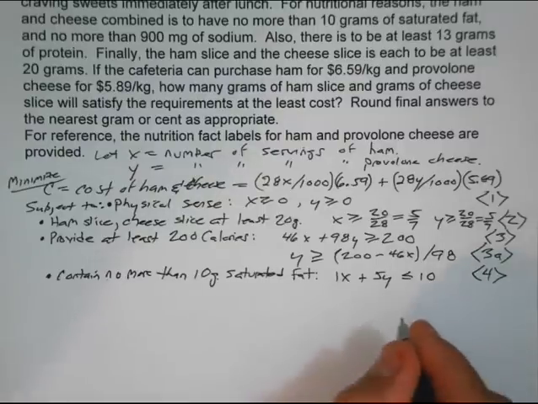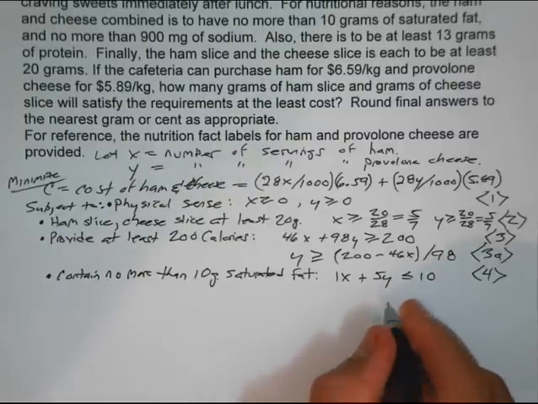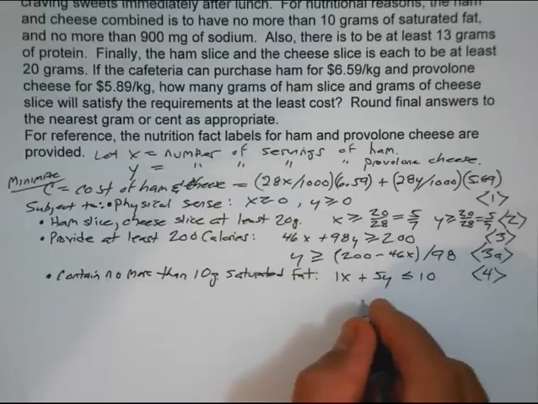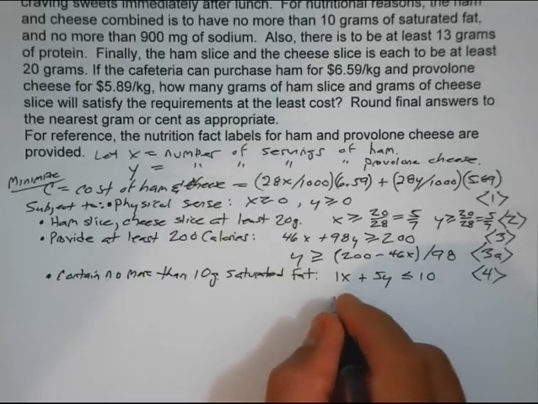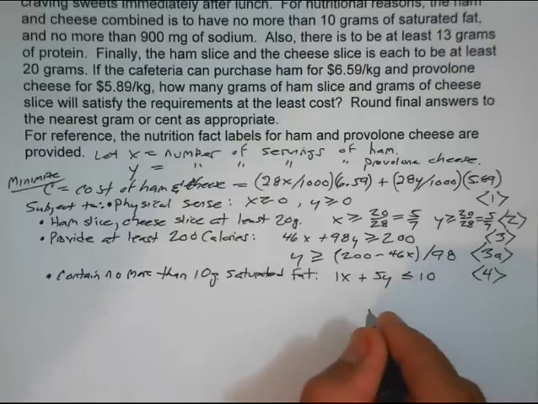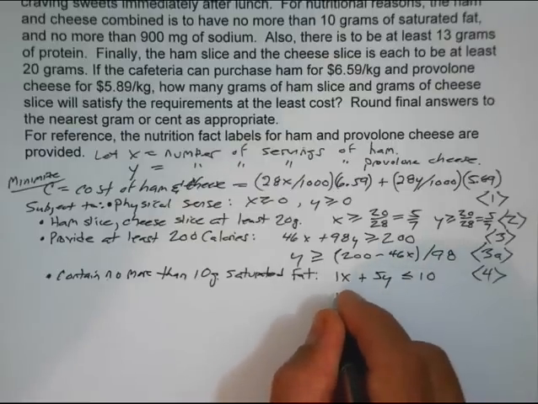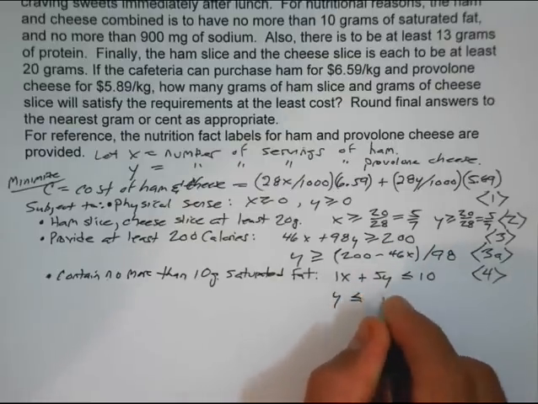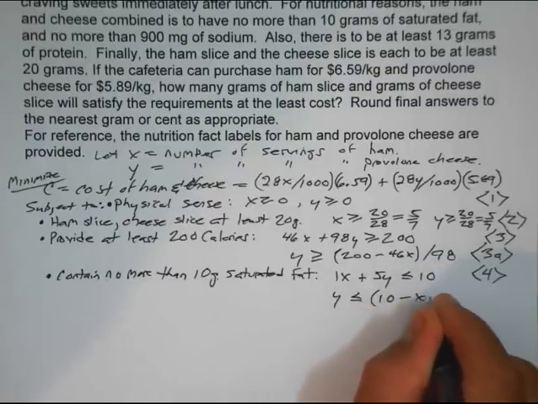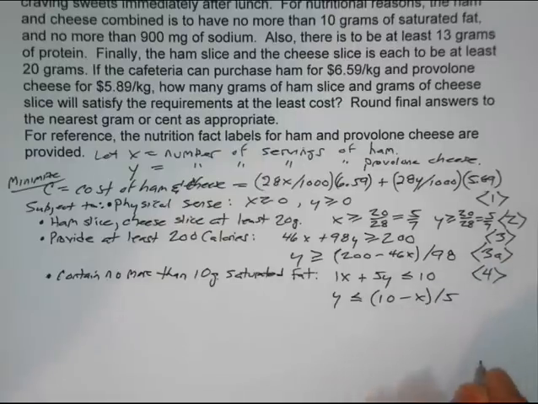And then we can anticipate using the TI-Nspire, and we'll need to have y solved for in that case. So let's go ahead and proceed one more step with this and subtract an x from both sides, then divide both sides by 5. We're looking at y less than or equal to, in parentheses, 10 minus x, divided by 5.